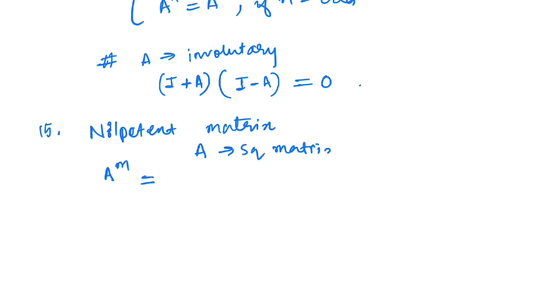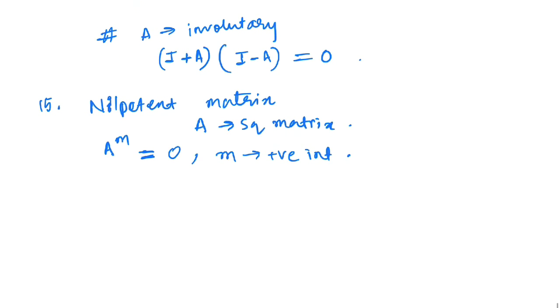If A to the power m gives 0, given that m is a positive integer, whatever the number of times you multiply, you will get 0, then we will say that A is nilpotent.